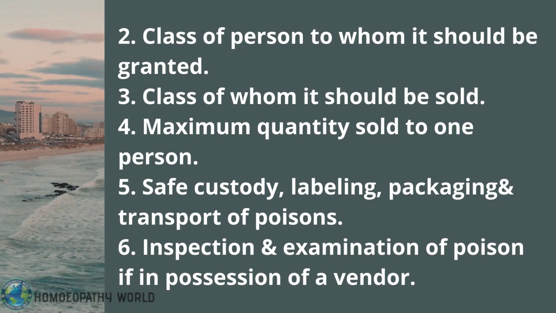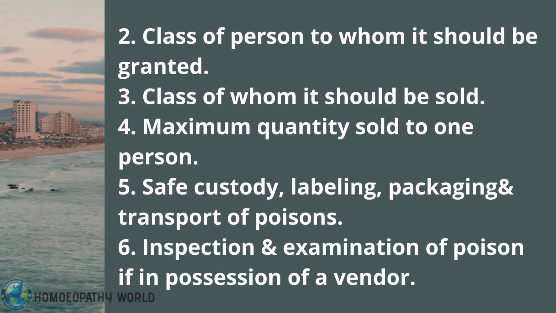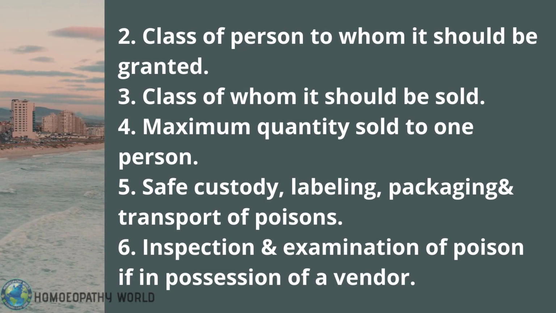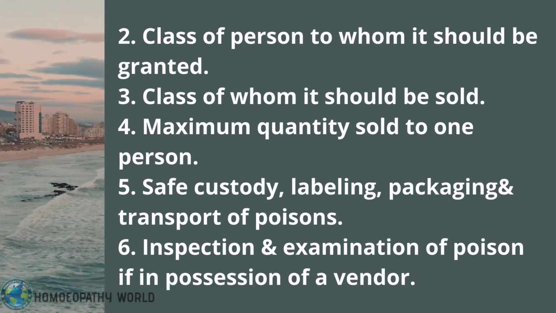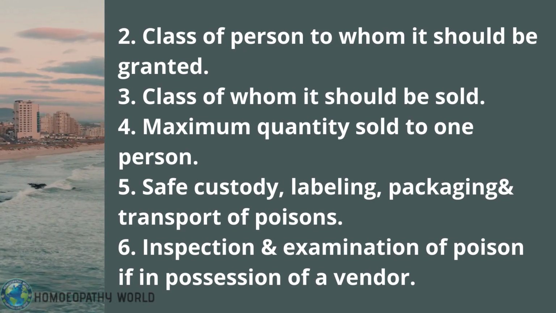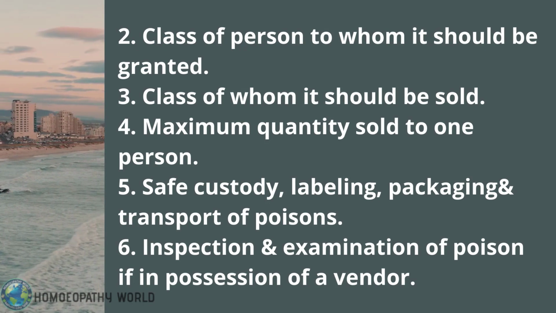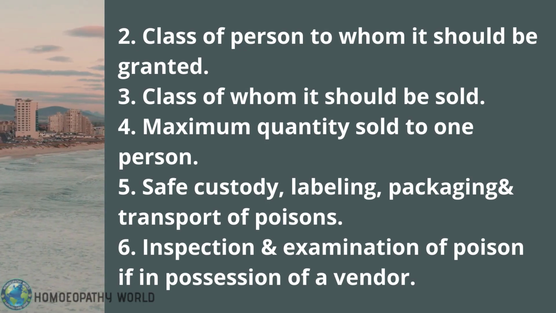Now the state government also has the authority to inspect and examine any kind of poison which is in possession of a vendor. So if somebody is selling the poison, the state government authorities can go and inspect the poison, the quality of the poison, and examine the poison which is in possession of the seller or vendor.